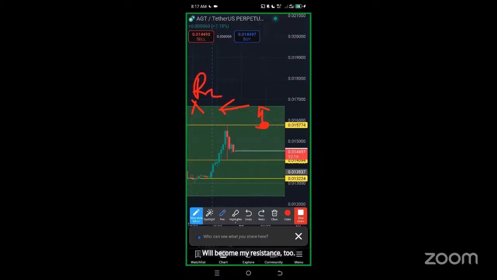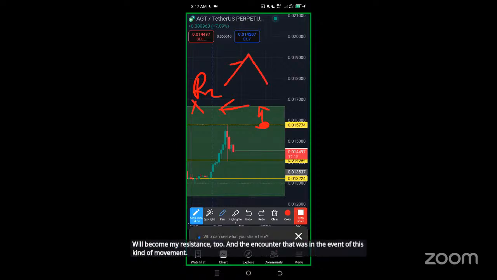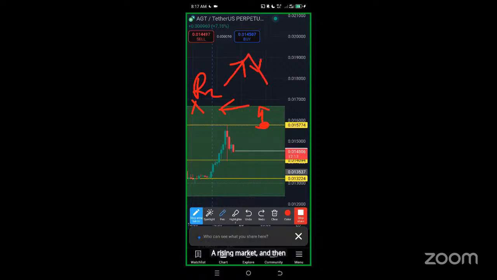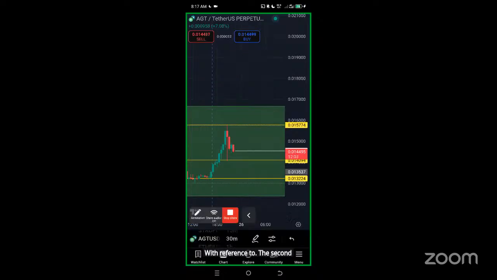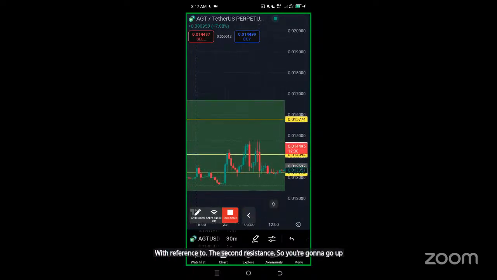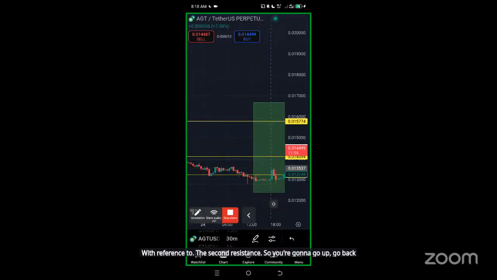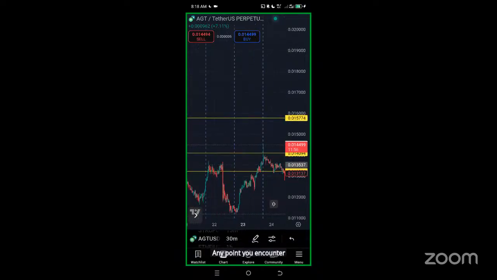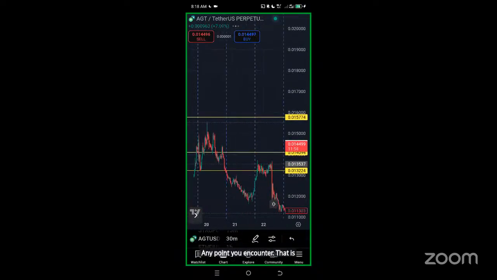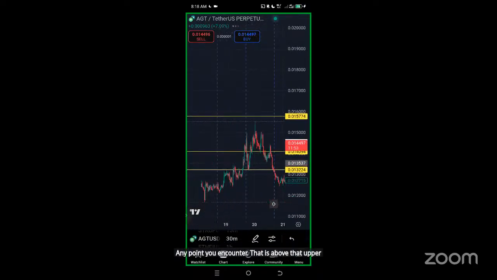Any encounter that was in the event of this kind of movement, a rising market and then a reversal, then a downward movement, so that peak of an inverted V becomes my second most recent swing high with reference to the second resistance. So you're going to go up, go back in history, any point you encounter that is above that upper line becomes your resistance.